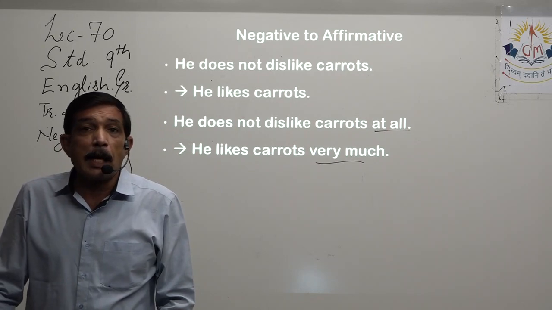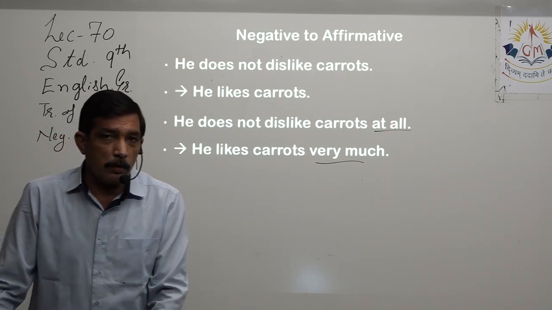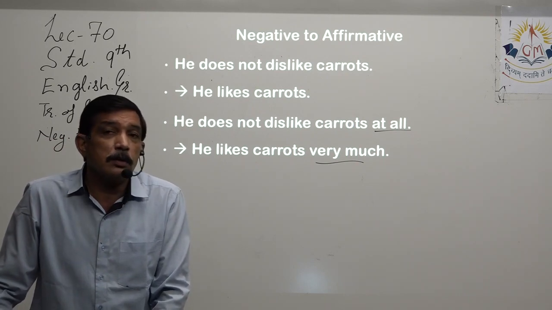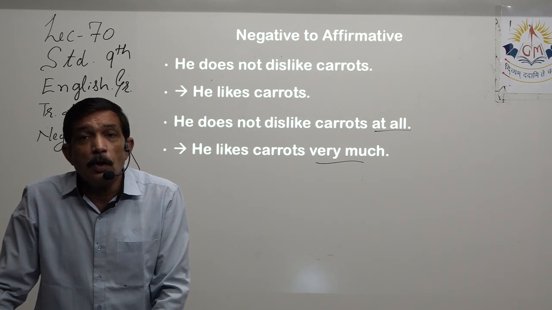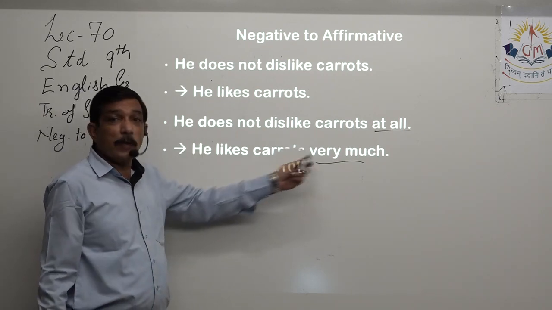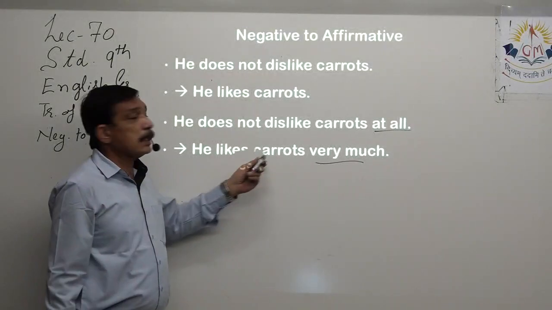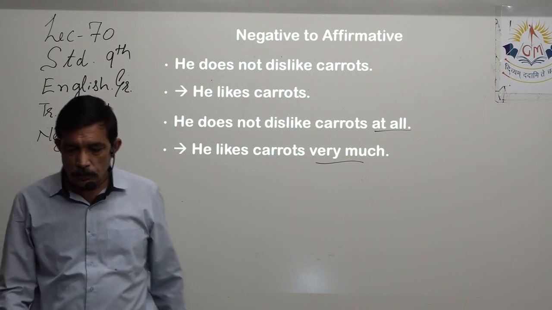We can understand grammatically it's wrong. Yes, at all will go with not, but at all will not go with positive. So, positive: he likes carrots very much. He likes carrots a lot can work.